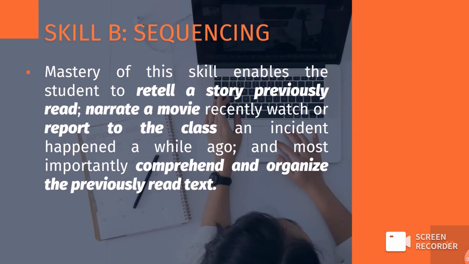The mastery of the skill enables you to retell a story previously read, narrate a movie you recently watched, or report to the class an incident that happened a while ago. And most importantly, you'll be able to comprehend and organize the previously read text.